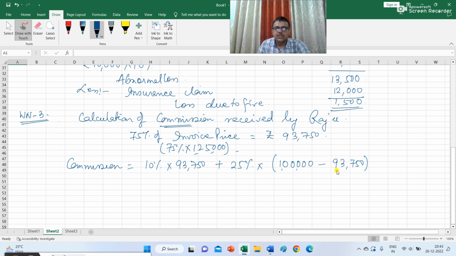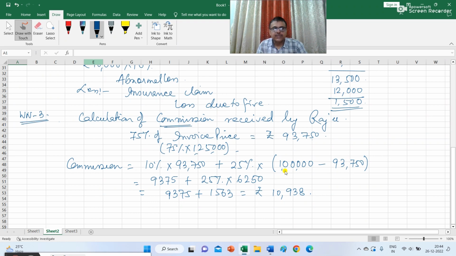This means 6,250 is the amount that he realized over the invoice price. So 9,375 plus 25% of 6,250. So you will get a figure of 1563. So total amount of commission is rupees 10,938.